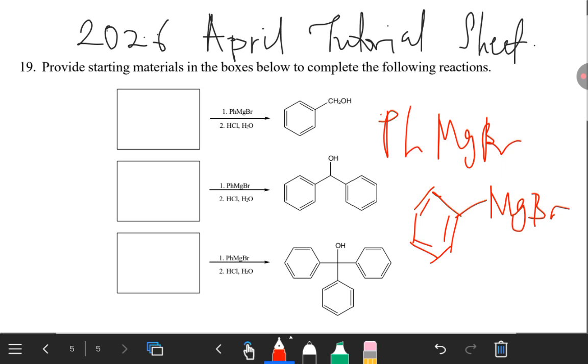So how can we handle the first question? What we need to ask ourselves is what is formed, for us to be able to predict what would be the reactant.